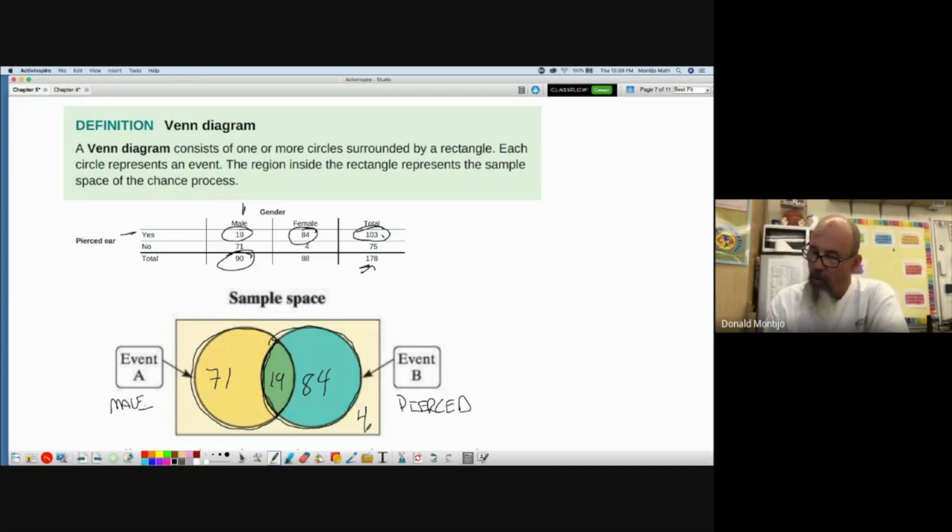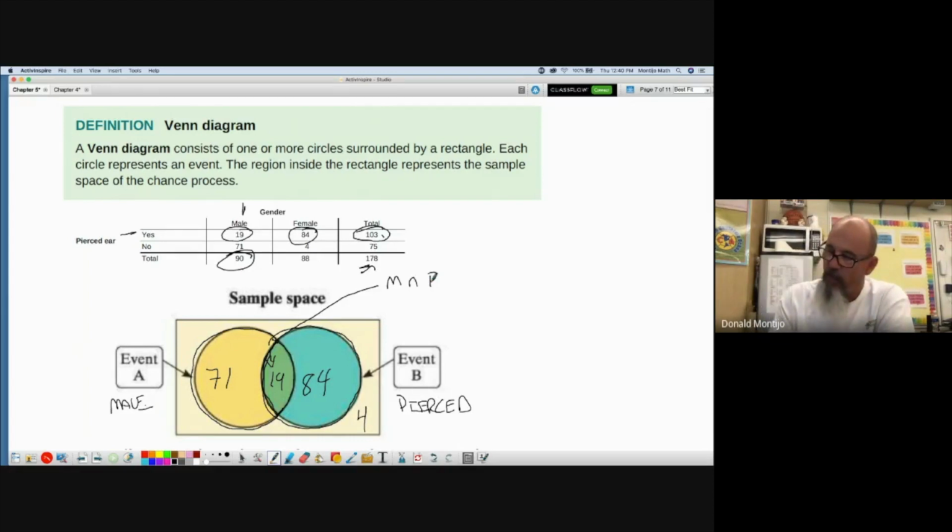So what are each one of these sections? In a Venn diagram such as this, there will be 4 separate areas. This 19 where we're going to start here is male and pierced.